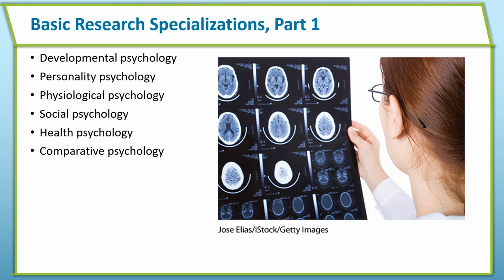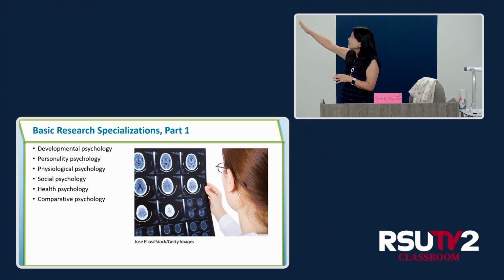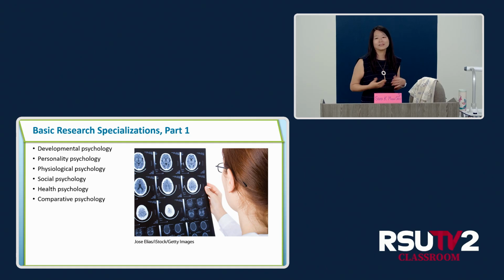Those are all traits, right? Those are personality psychology, which is chapter 12 in this textbook, and developmental psychology is chapters 10 and 11. We're going to cover those, but in this chapter I'm going to introduce them. There are so many different kinds of psychology we will learn together.